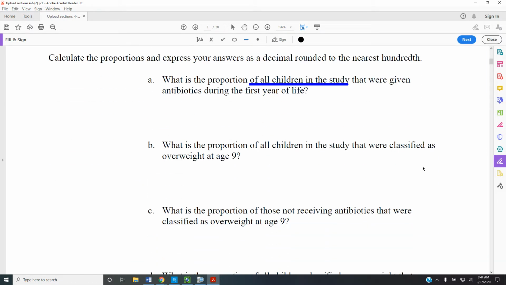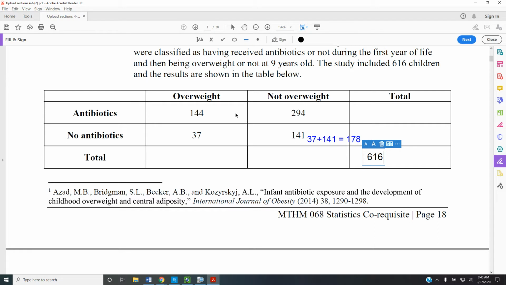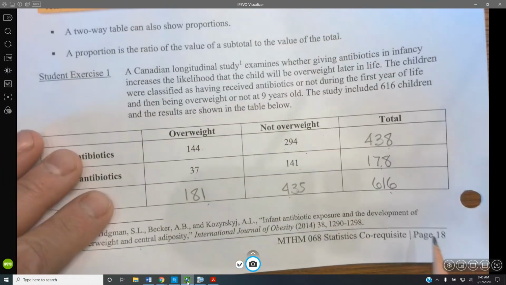So we're going to need to make a proportion or a p-hat value, as you'll come to know it so well, for this specific value. Well, the first thing we have to have is for those who were given antibiotics in the first year of life. So if we go back up here and we look at given antibiotics, that would be the row right here. And we added up this row just 1 second ago. And we're going to keep referring back to this piece of paper.